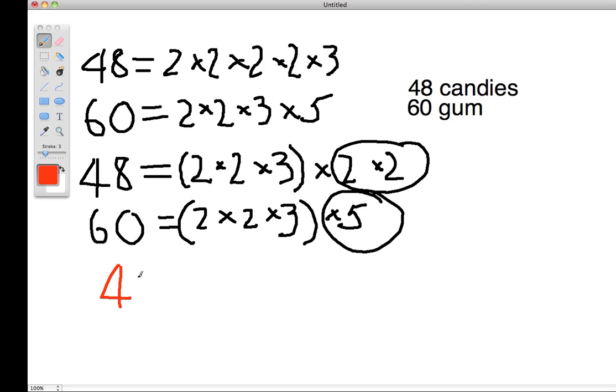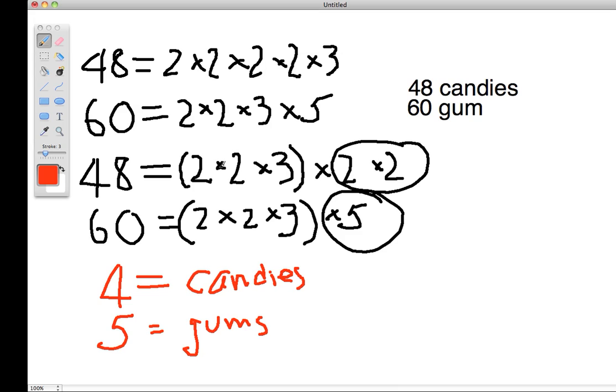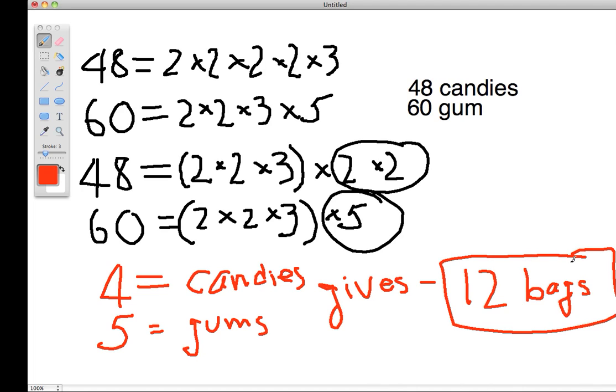Then the number of bags that we fill will be 2 times 2 times 3, which gives 12 bags. So the number of bags is 12.